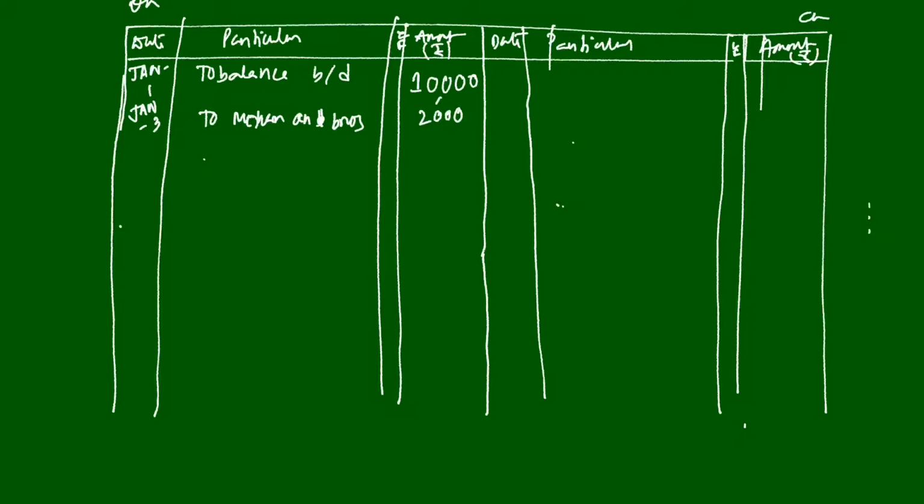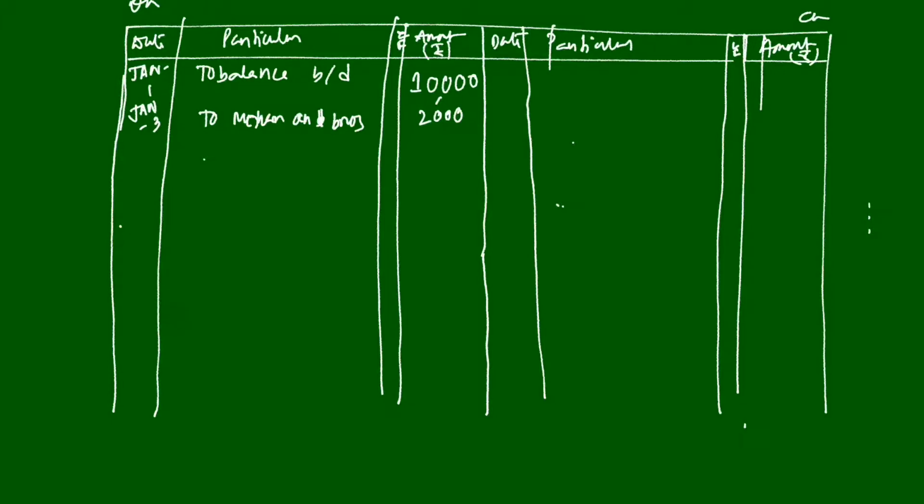If any question related to transportation expenses is written like this, you have to remember one thing: this is a kind of payment. That's why transportation expenses is a payment. So the journal is transportation expenses account debit to cash.